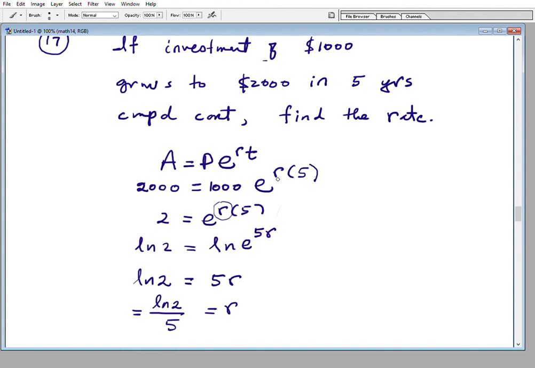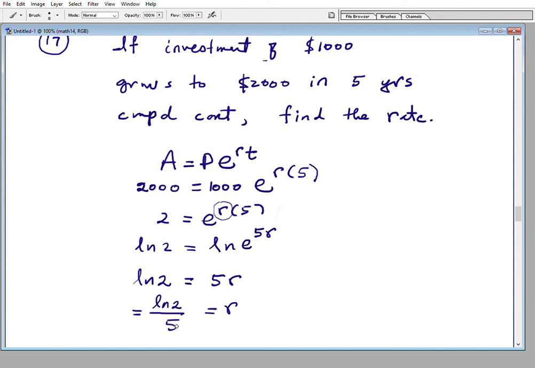Okay, so I divided by 1,000 here, 2. Then ln both sides. ln 2 is equal to 5r, and that's the rate. Oh, divide by 5. Okay, so that's it. Right, I knew it had to be a high percent. I divided by 2, which made the percent too low.